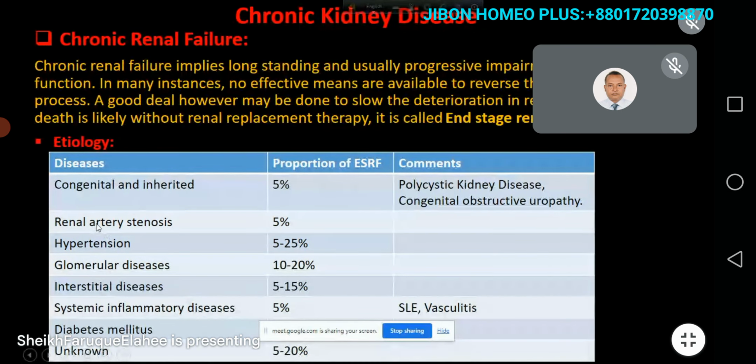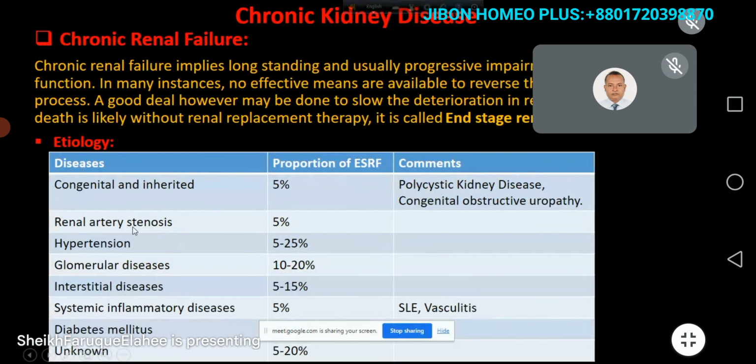Okay, second thing, renal artery stenosis. I told you there are two renal arteries from the aorta going to the kidneys. As we have coronary artery block, the same thing, the renal artery can be blocked by atherosclerosis or maybe congenitally. If only one kidney has renal artery stenosis, there will be no kidney failure, because one kidney is enough to continue your body function.